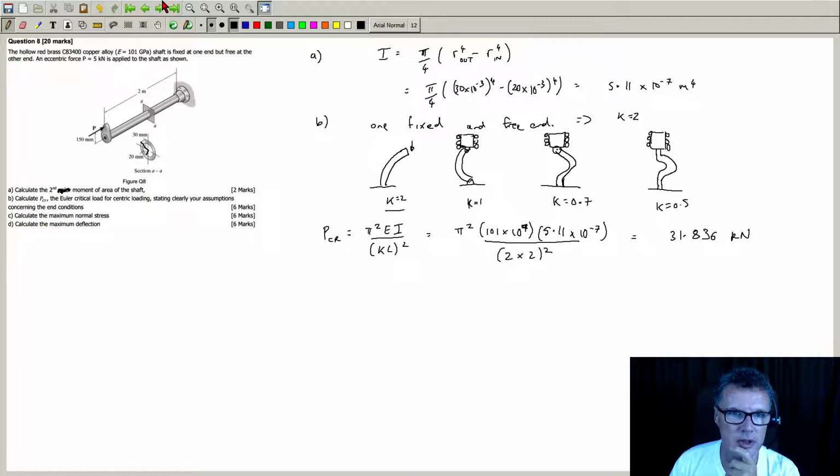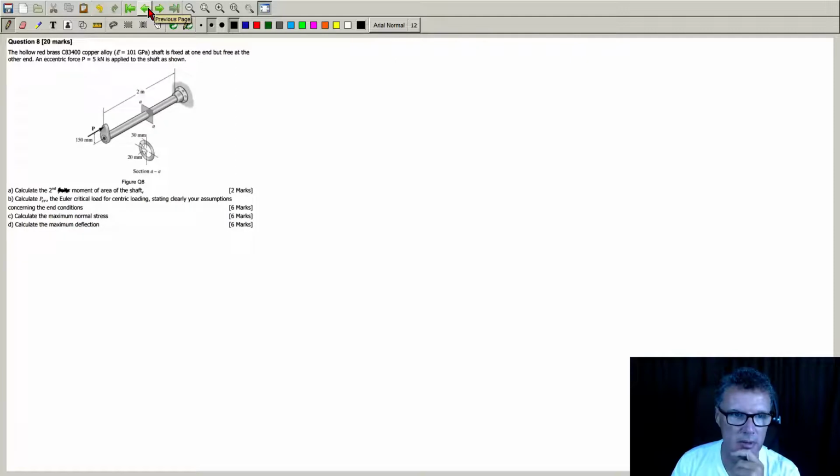So for part C, that was quite straightforward in comparison to the other question. Part C, calculate the normal stress. So the maximum normal stress, so again go to your formula sheet. The maximum stress is based upon the load being applied divided by its cross-sectional area, and then we are going to modify this because we've got eccentric loading.